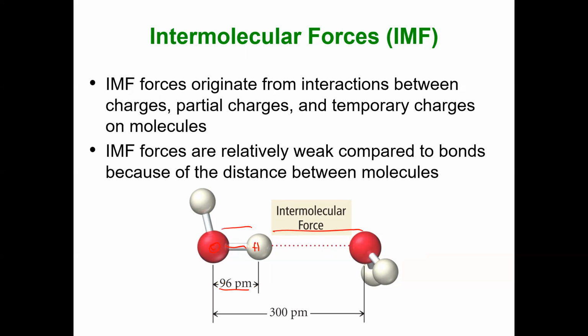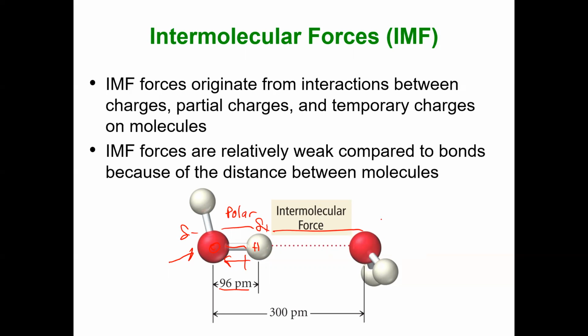So this is a stronger electrostatic force, and that is referred to as a polar covalent bond. It's polar because there's a difference in electronegativity between the oxygen and the hydrogen. The oxygen is more electronegative, so it pulls the electrons away, creating a partial positive charge on this hydrogen and a partial negative charge on that oxygen.